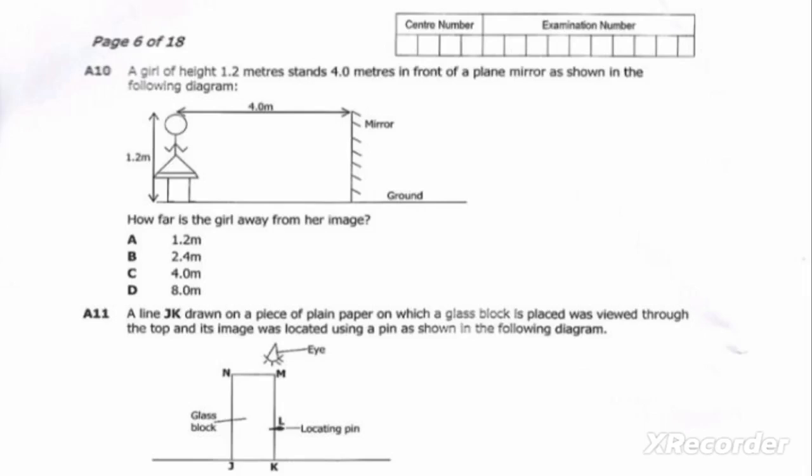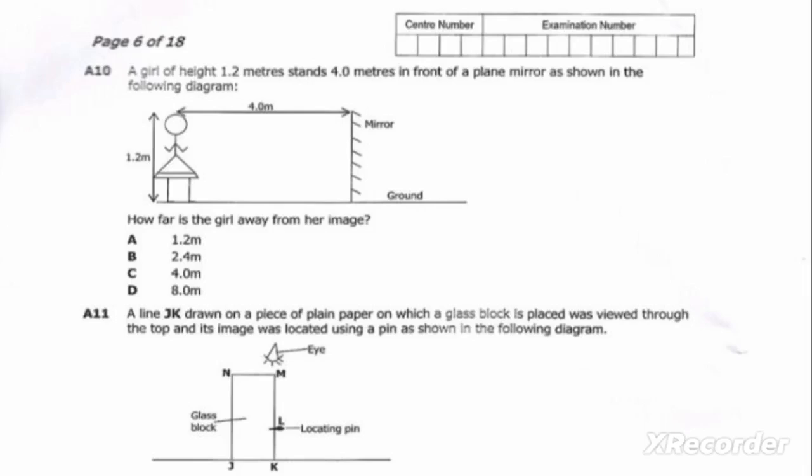Question A10 reads, a girl of height 1.2 meters stands 4.0 meters in front of a plane mirror as shown in the following diagram. How far is the girl away from her image?